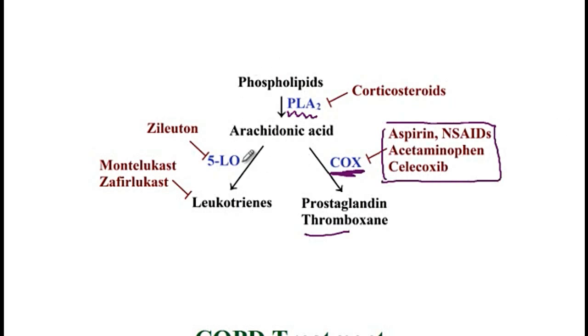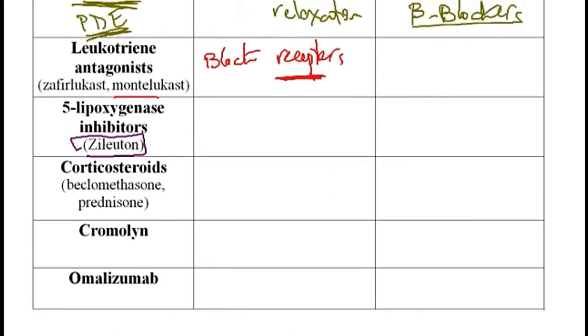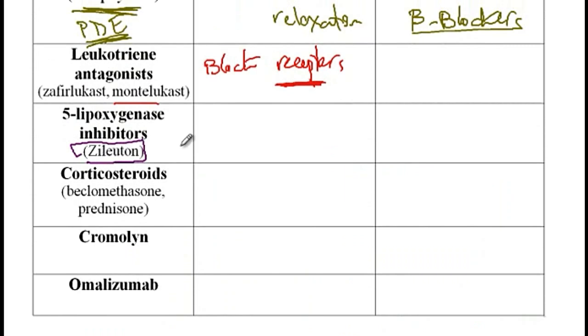And then here the medications that block the conversion of the arachidonic acid into leukotrienes, like for instance zileuton, which inhibits the 5-lipoxygenase, or the medications that block the leukotriene receptors like the montelukast and zafirlukast are used for the treatment of asthma. So back to the topic here, zileuton prevents the conversion of the arachidonic acid into leukotrienes.